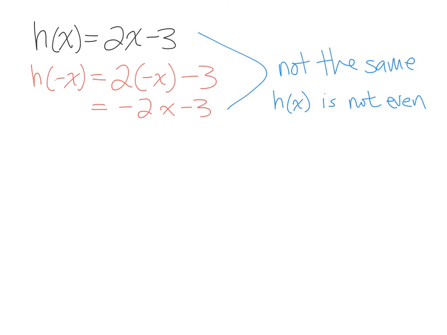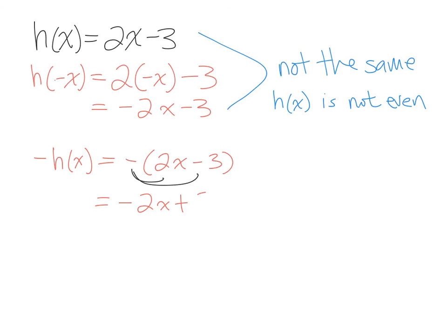Alright, so the next thing we need to check is negative h of x. And maybe when we find negative h of x, it equals what we found up here earlier for h of negative x. Let's check it out. So again, I'm going to negate the entire function, 2x minus 3. Then we can distribute this negative as a negative 1 to get negative 2x plus 3.